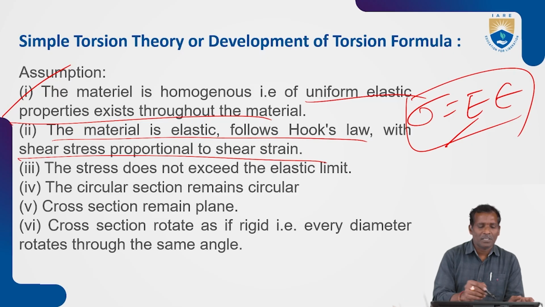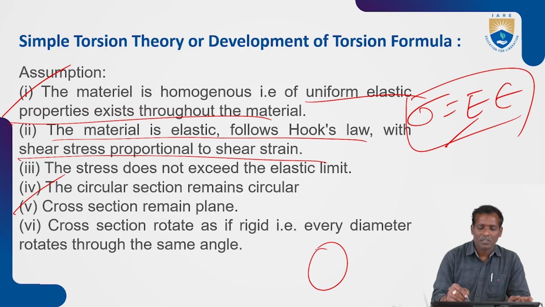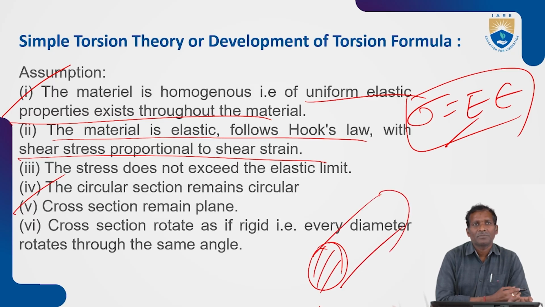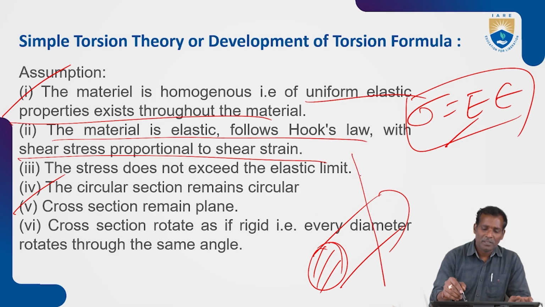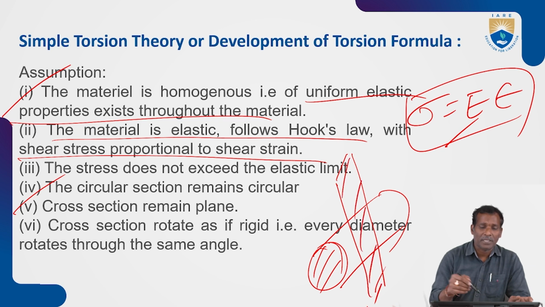The circular section remains circular. After twisting also, there is no change in the cross section; it remains the same. The cross section remains plane, even after sectioning.